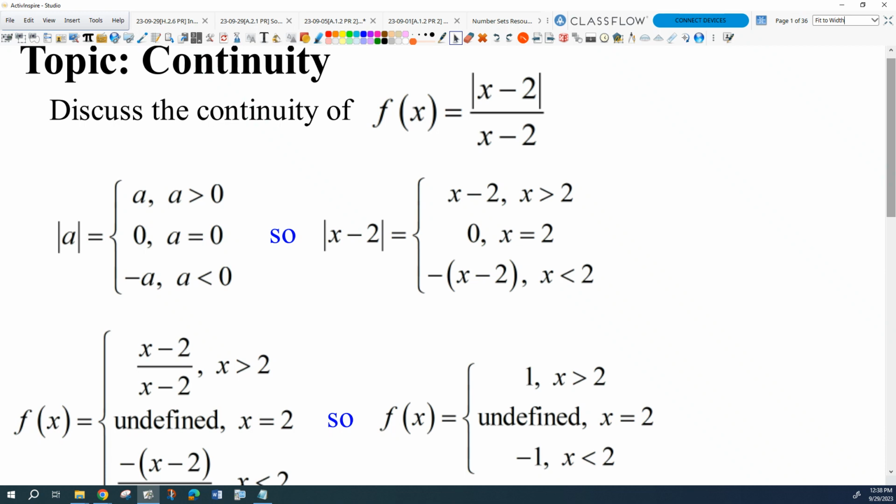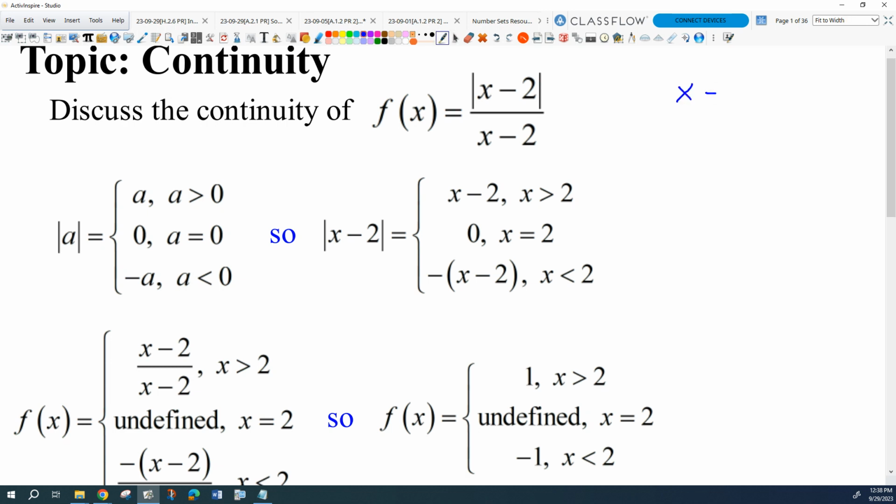Okay, so we've talked about how we split an absolute value function up into pieces, make it a piecewise function. What about the absolute value of x minus 2? Well, the absolute value of x minus 2 is going to equal x minus 2 whenever x minus 2 is positive valued. When is x minus 2 positive valued?